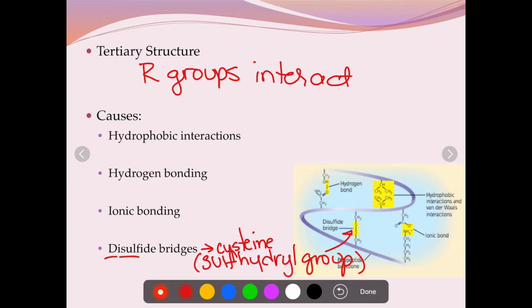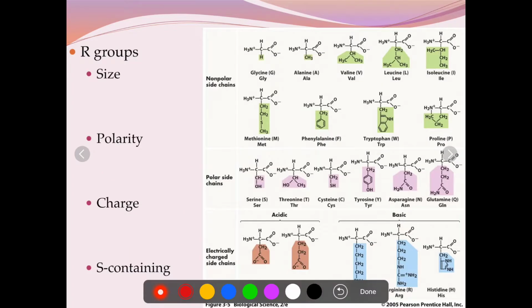That's going to really pull this whole thing into all kinds of neat contorted shapes. So, R groups are going to be defined by their sizes, their polarity, charge. Notice polarity is just kind of a temporary, transient, not as strong. Charge is an outright ionic charge, gain or loss of electrons, and whether or not they contain sulfur.